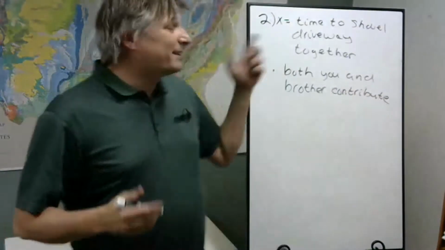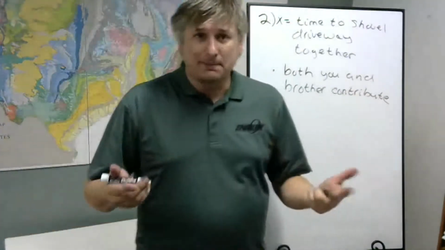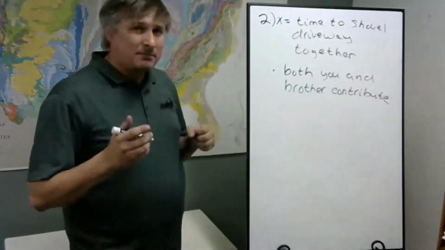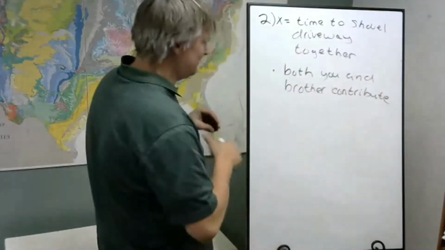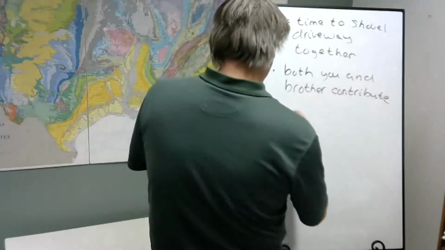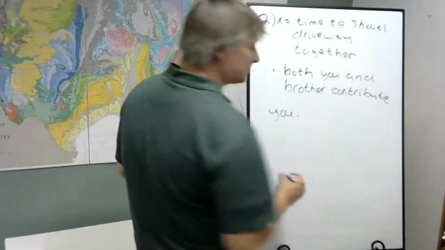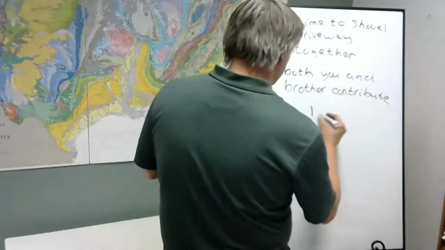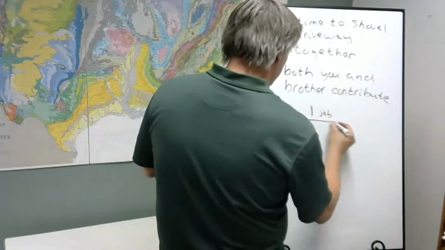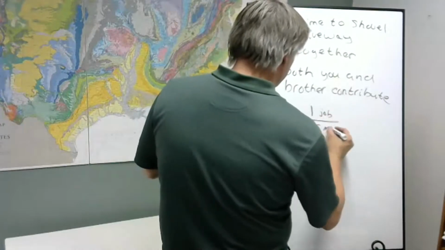Now, you're going to work together for X amount of time. So that means for you, your contribution is going to be this. Now, you can do 1 job in 45 minutes.